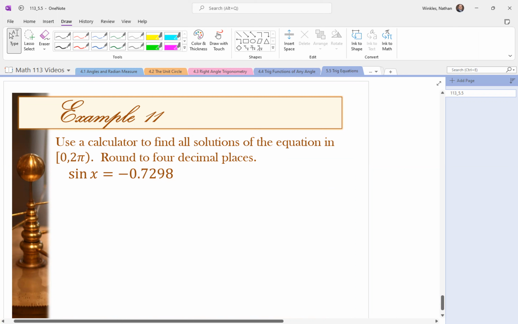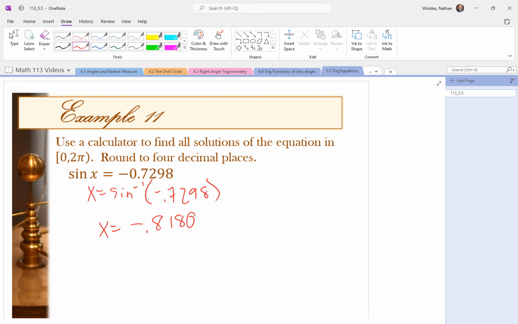So if we just solve this at face value, and we pull up our calculator to get this answer, x equals inverse sine of -0.7298, that will give us x equals -0.8180.